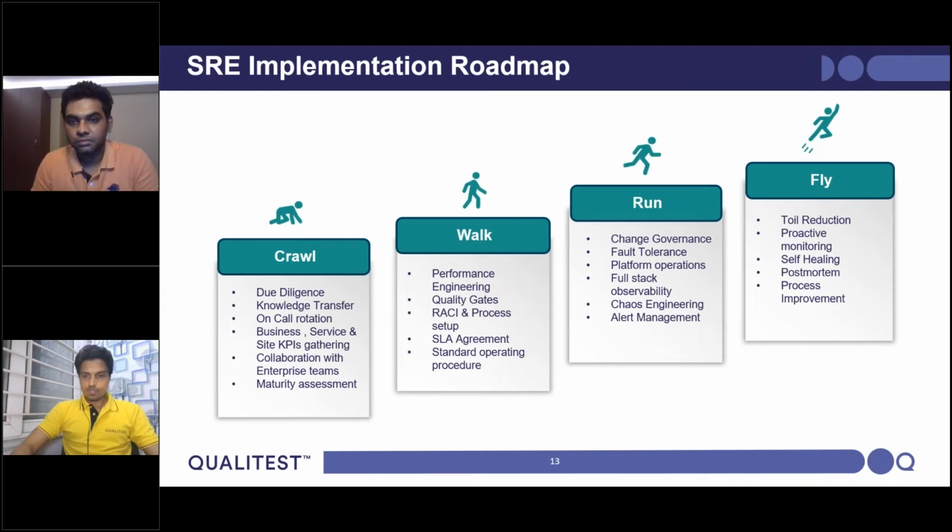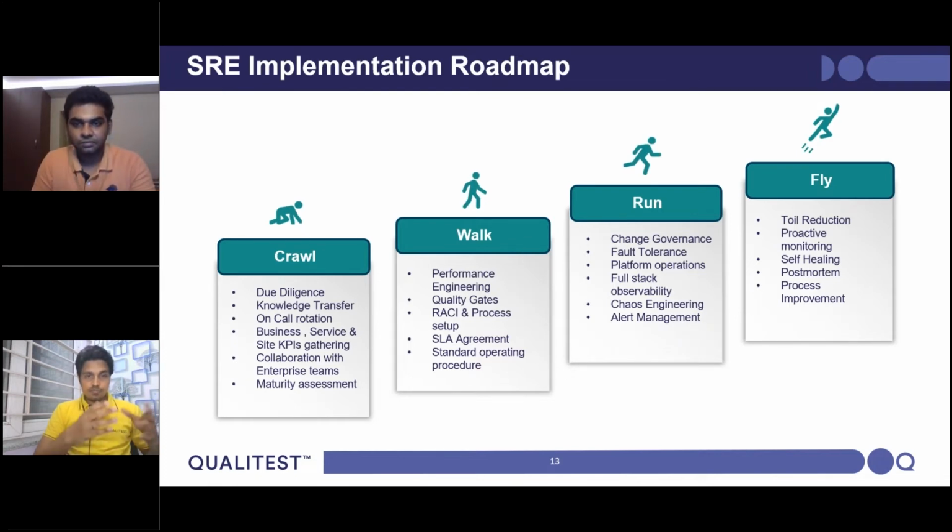I know you're also part of some of the SRE journeys that we are helping with our customers. As a common framework, our recommendation is a 4-stage maturity roadmap for implementing SRE. As I said, it is not a big bang approach. It is not a pointed solution. This has to be a journey.